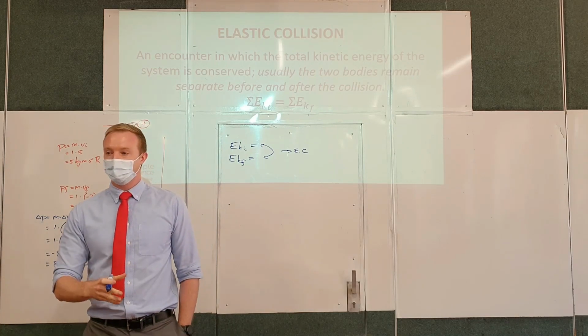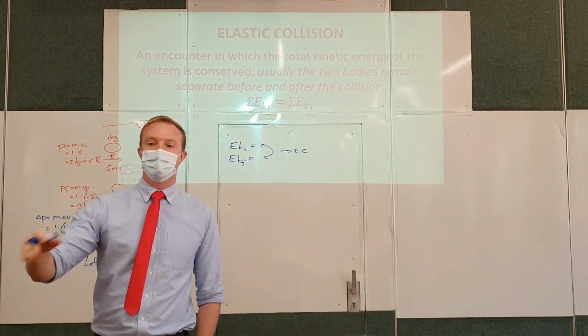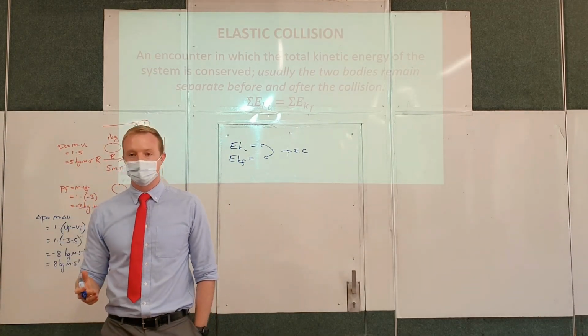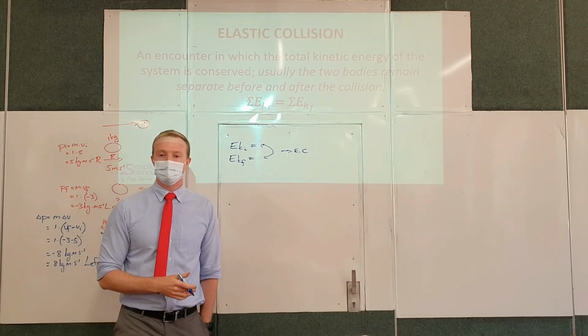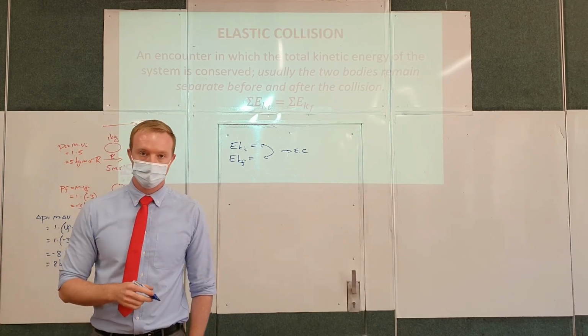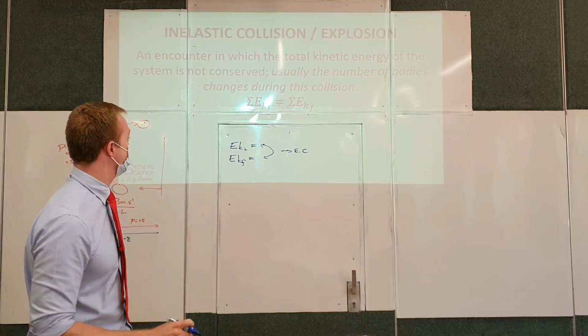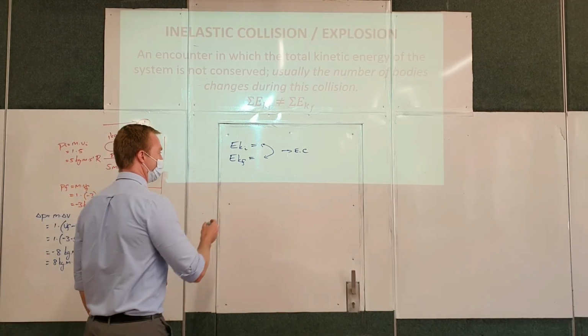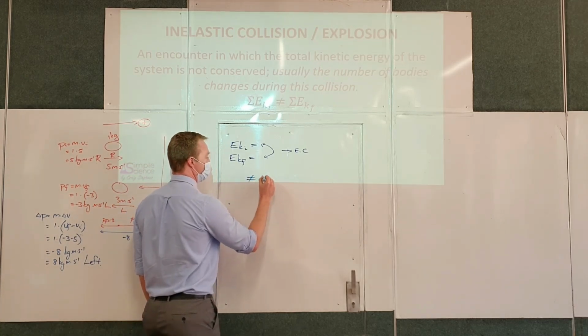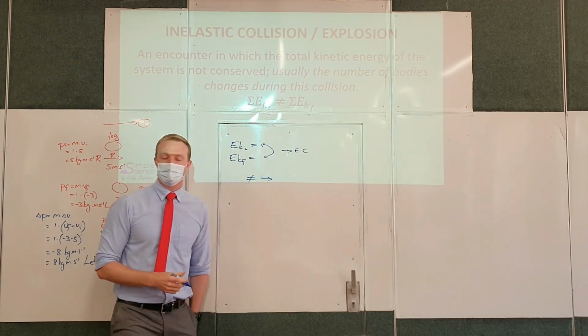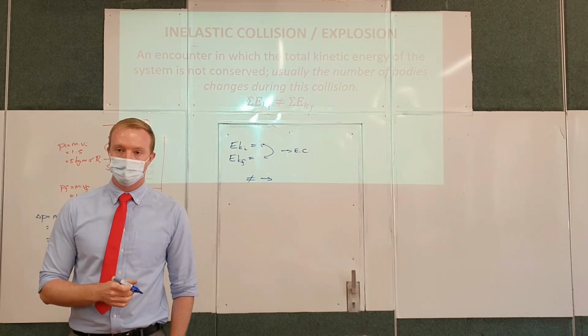Right? You cannot simply say, oh, there's 2 objects before and 2 objects after, therefore it's elastic. You can't do that, because that is not how an elastic collision is defined. Right? And then that obviously leads you to the next one, which then says that if they are not equal to each other, then it is an inelastic collision. It means energy has been lost somewhere.